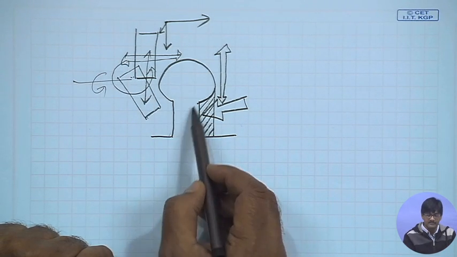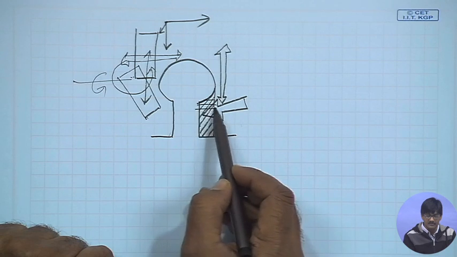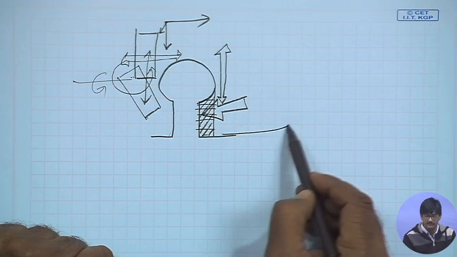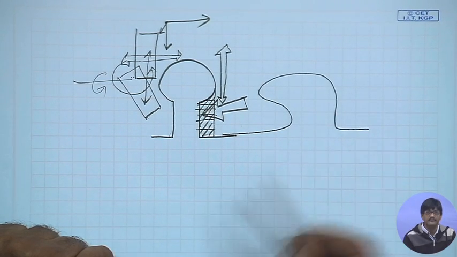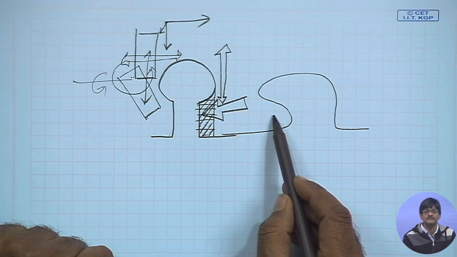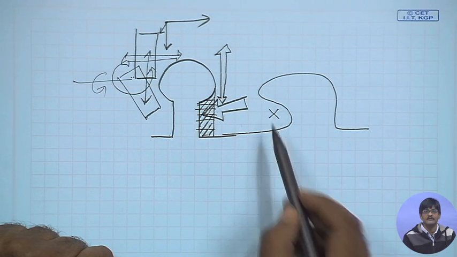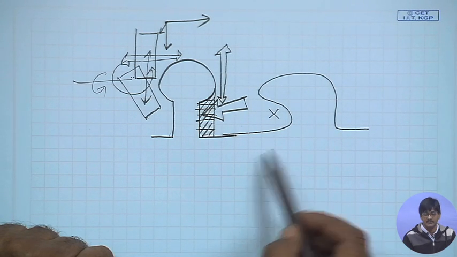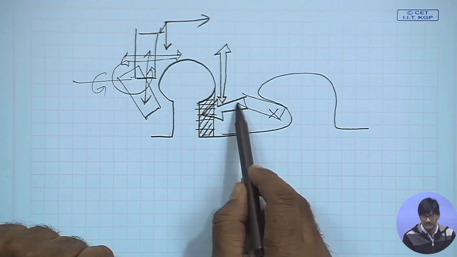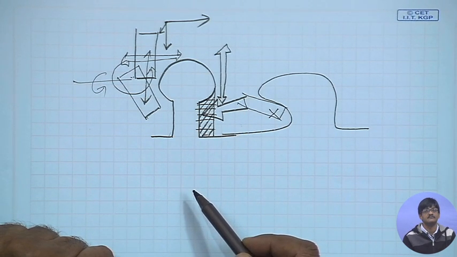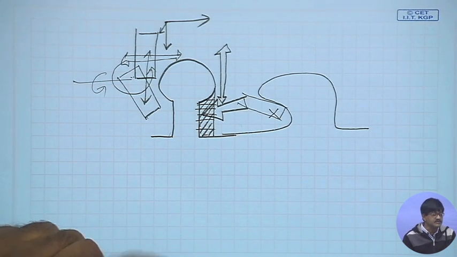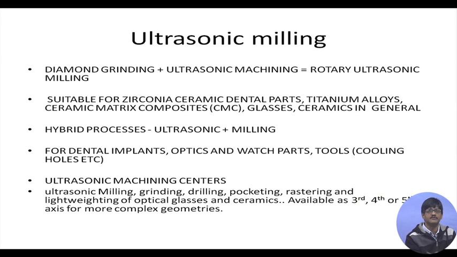So, 5 axis machines can machine surfaces which fold over themselves, so that they have apparently inaccessible portions. These can be reached by 4 axis and 5 axis machines. So, such machines just for ultrasonic machining are also available, and they are called ultrasonic machining centers.